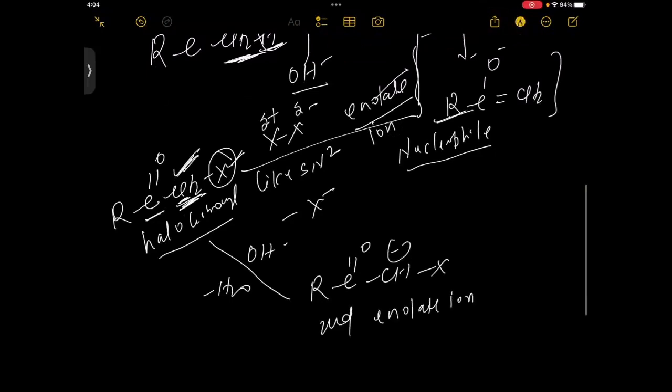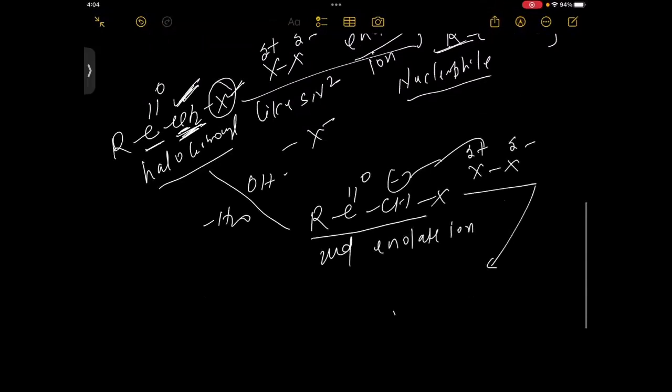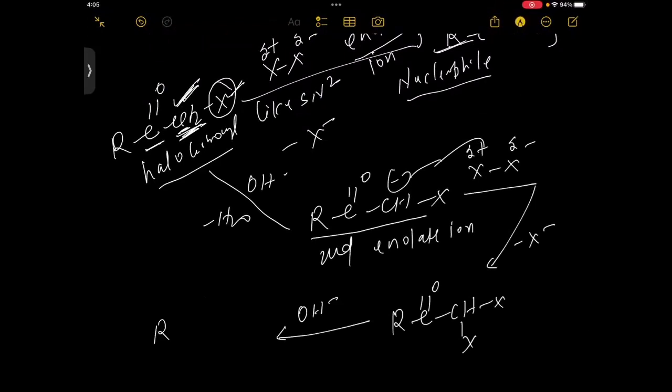Now this second enolate ion, exactly what happened? Partial delta positive, partial delta negative. It will attack here, and R-C=O-CHX-X will form. One X will be removed. Again the OH minus base will attack, hydrogen will be removed, and R-C=O-C negative X X forms. Here there is a negative charge, because when the base attacks, water is removed.